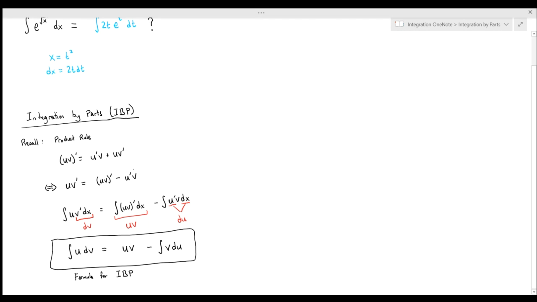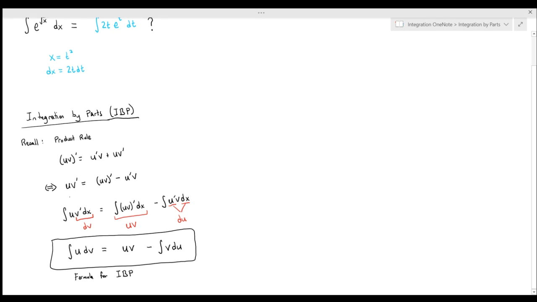I subtract the u prime v term to the other side, so that uv prime will equal the derivative of the product, and then minus u prime v. I moved this term to the other side, and then I just rewrote it a little bit.